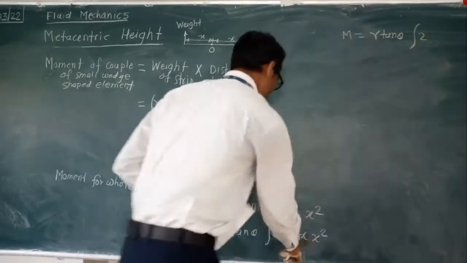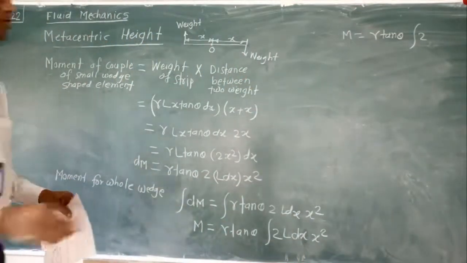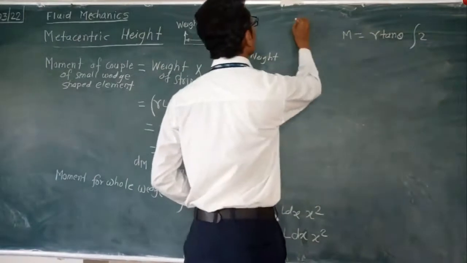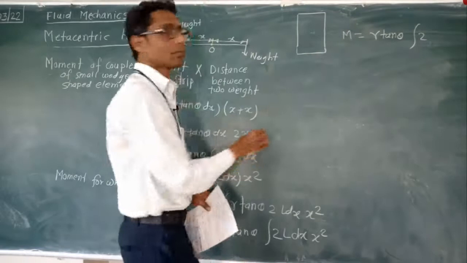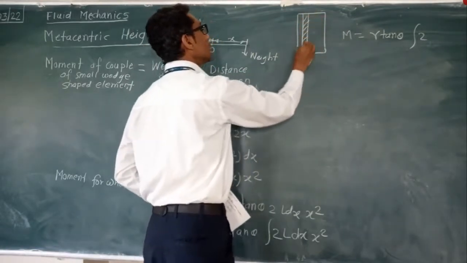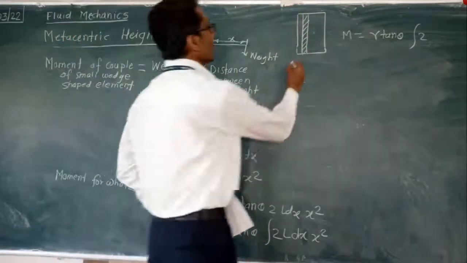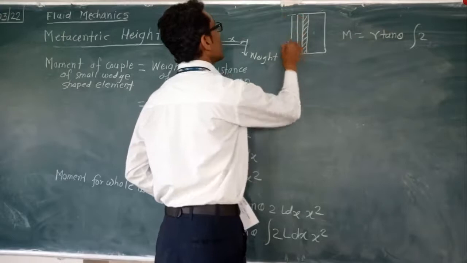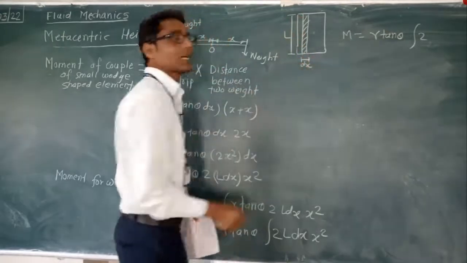Now see, L into dx. L into dx is what? dA. See, here this is the top view of the ship. We can see this is a wedge strip, what we look at in the top view. Here this is length L, this is thickness dx.